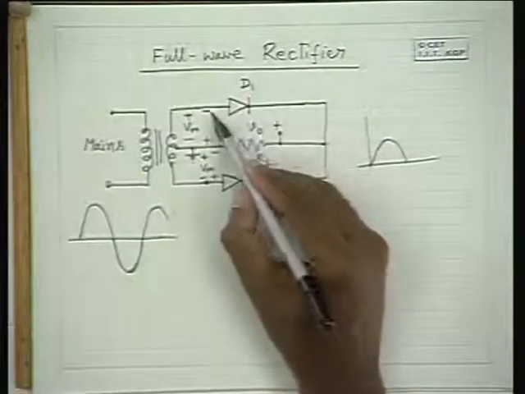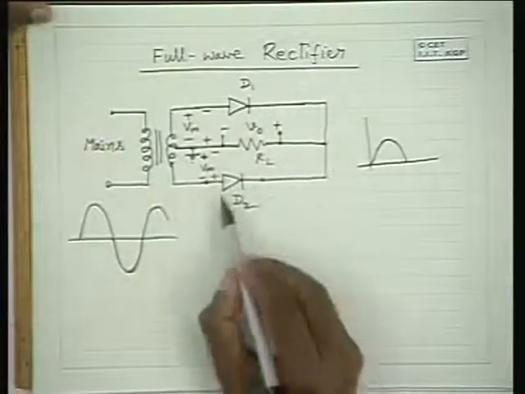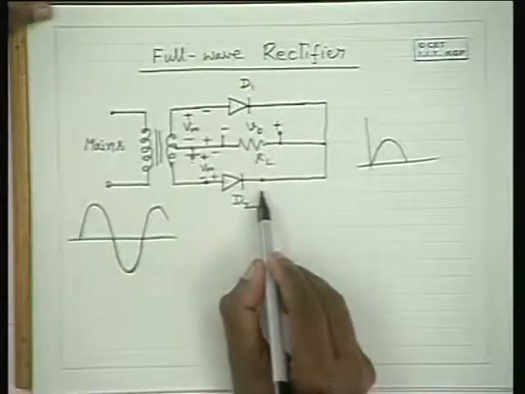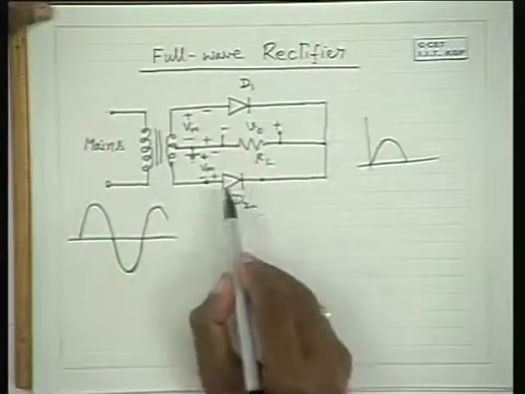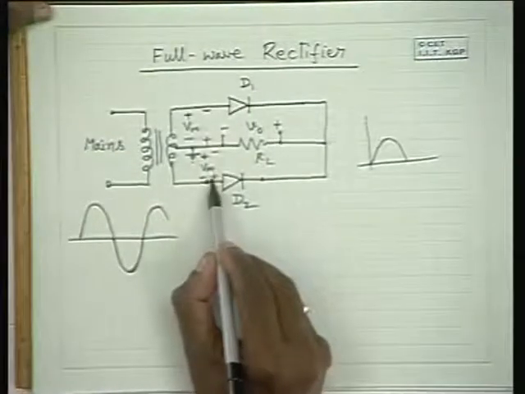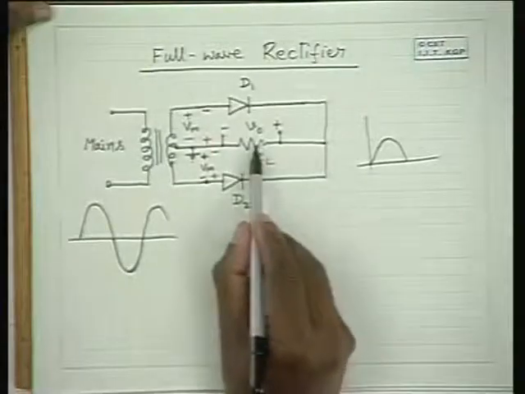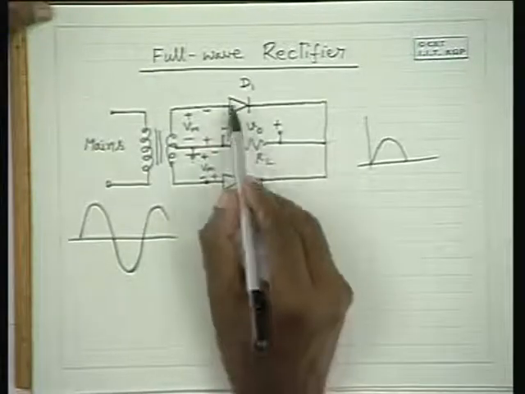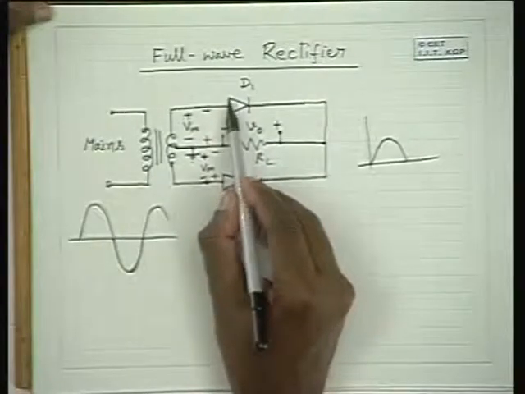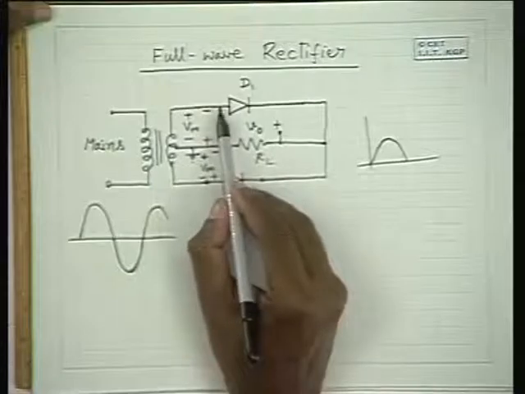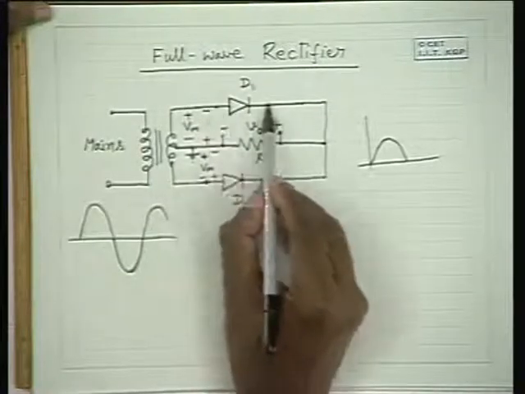Then what happens is D1 is reverse biased and D2 is forward biased. Therefore, D2 conducts and it transfers this voltage to the load, and D1 is off, D1 almost doesn't conduct, and as a result it is like an open circuit.